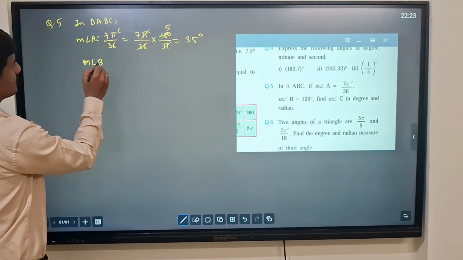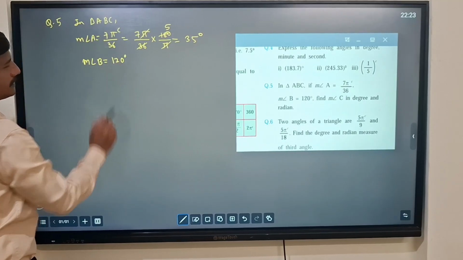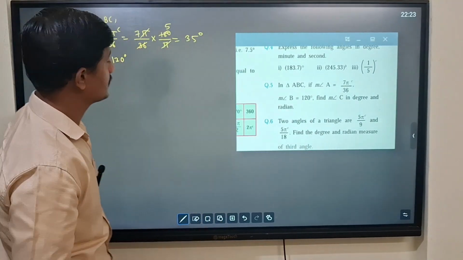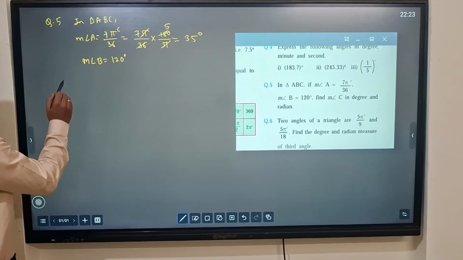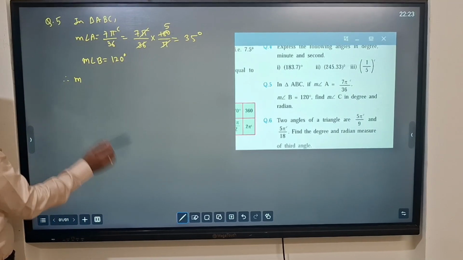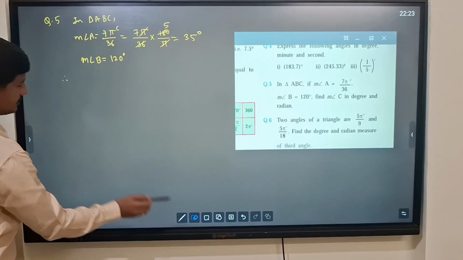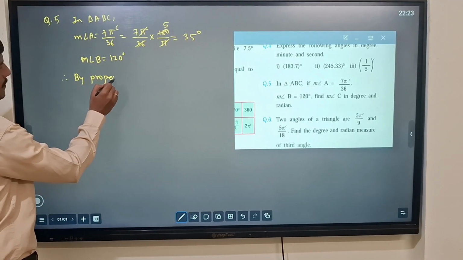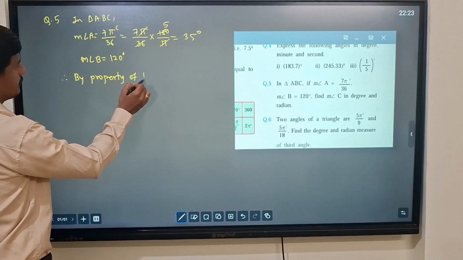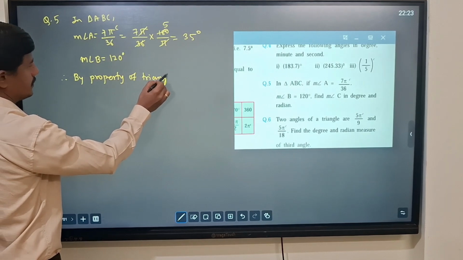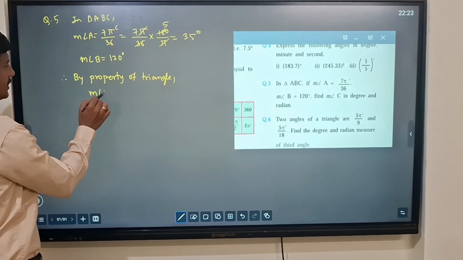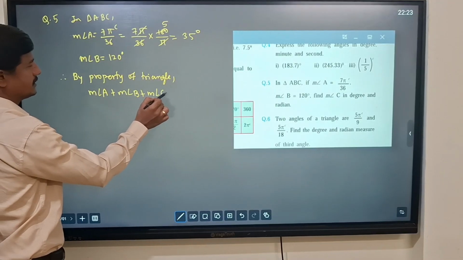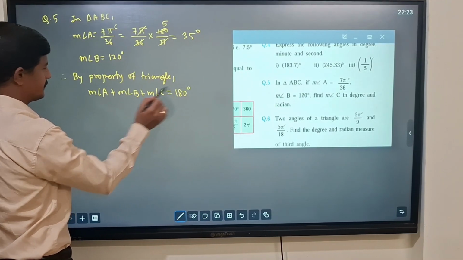The measure of angle B is 120 degrees. And they told us to find the measure of angle C in degrees and radians. Therefore, we know by the property of a triangle, the measure of angle A plus the measure of angle B plus the measure of angle C is 180 degrees.